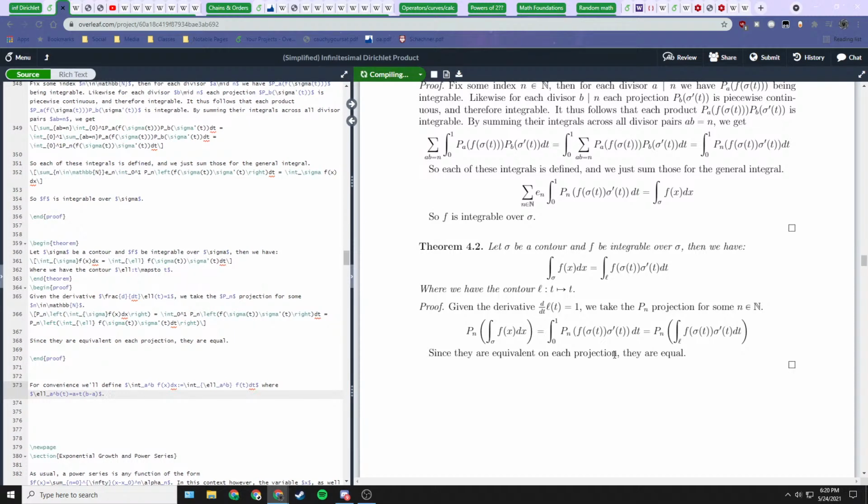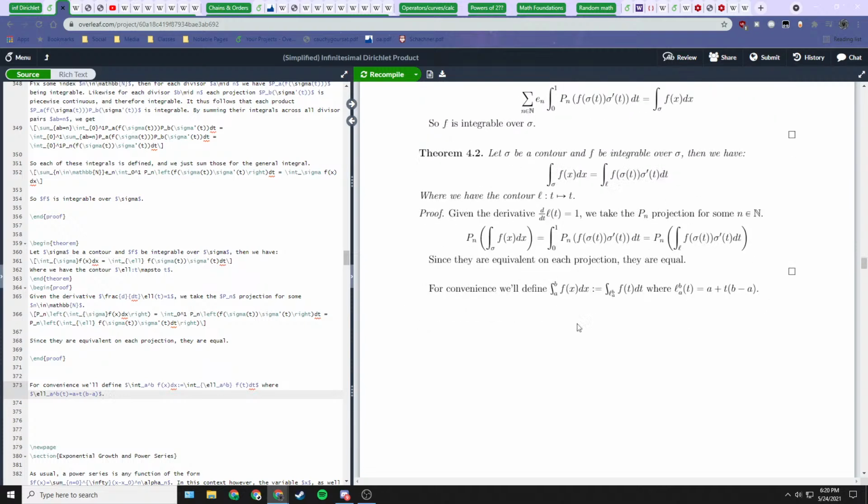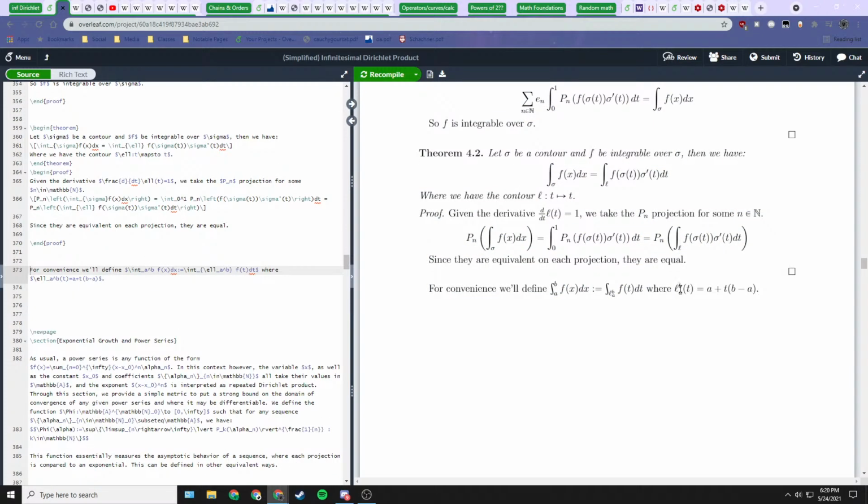We're going to use this standard line integral notation for our integrals, but what we'll define it as is, whenever we take an integral like this, we'll assume that what we actually mean is this line integral. So we'll use this line contour.